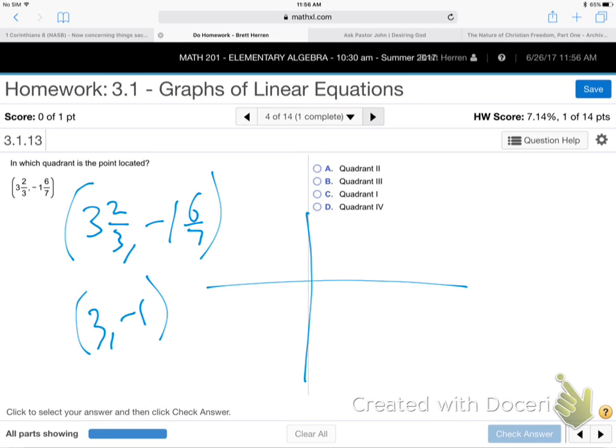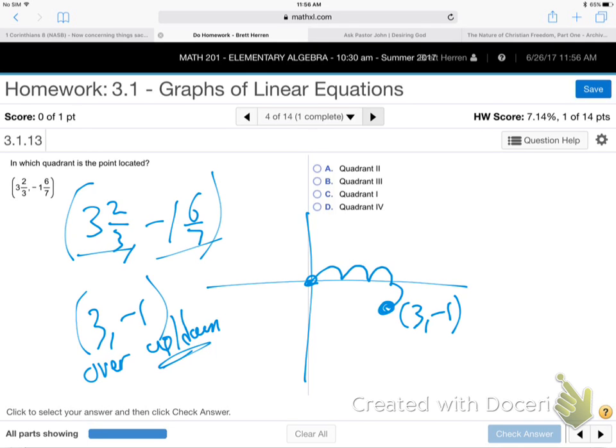So starting from the middle. Remember, the first number is over. The second number is up or down. So I'm going to go over 1, 2, 3. Positive 3. So go to the right 3. And then negative 1, down 1. So right there. Over 3, down 1. And 3 2/3, 1 6/7, about the same place. So which quadrant's that?